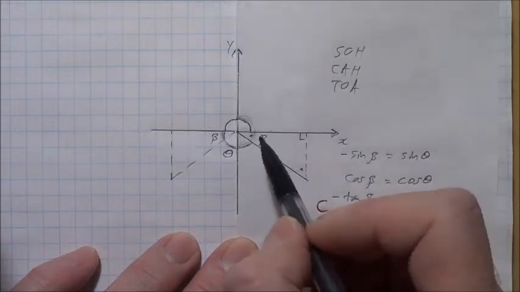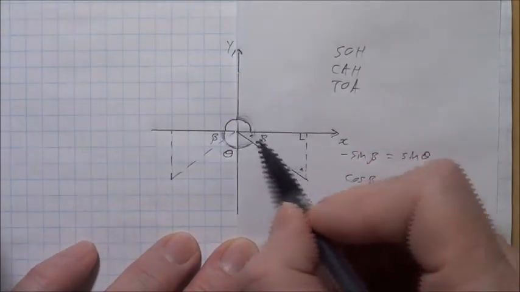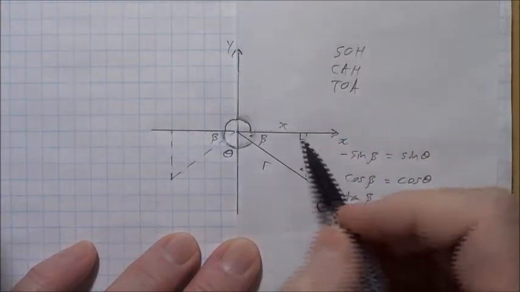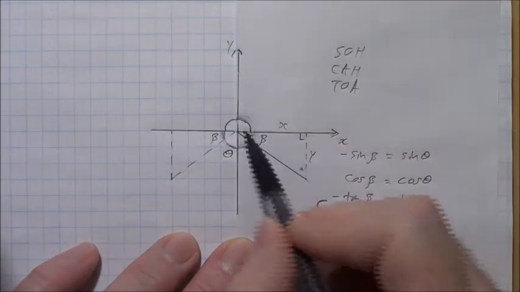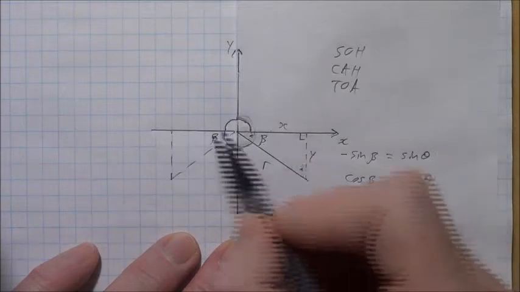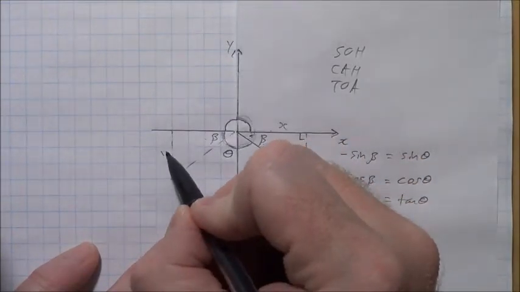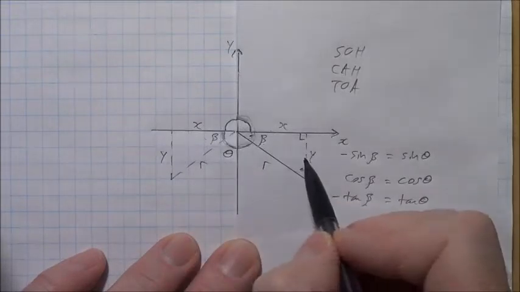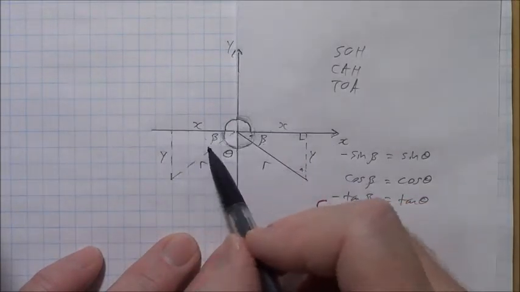So that's why, if we have an angle here, we've got the y and the x and the r here. Because these angles are the same inside this triangle as they were over here, then the trigonometric ratios are going to be the same for here as over here.